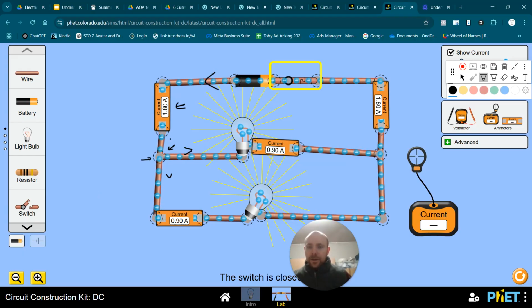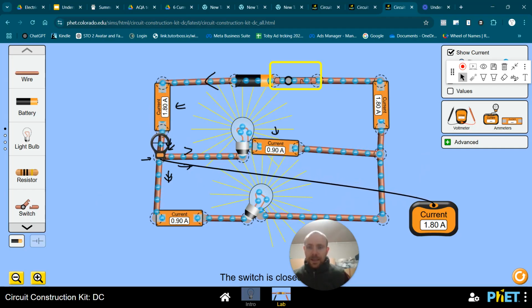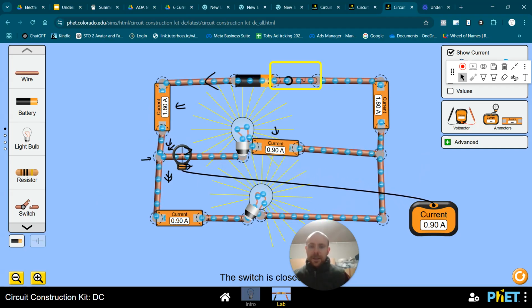So I've got 1.8 amps going into this junction. If I've got 0.9 amps coming out of it, I must also have 0.9 amps coming out of the other one. So these 0.9 plus the 0.9 must equal 1.8. And I can play around with my probe and check that that's the case everywhere. It's 1.8, 1.8, 1.8. If I go down here, I've got 0.9.